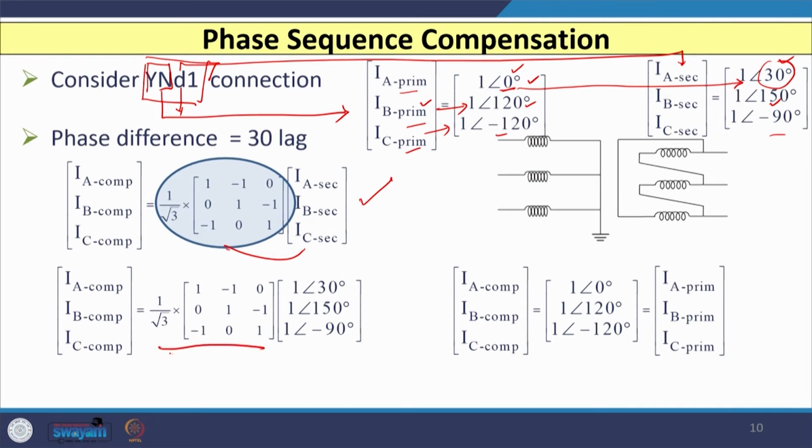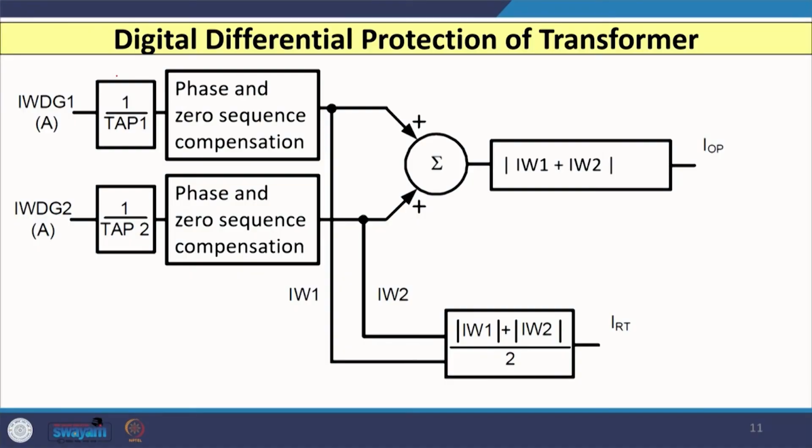I have multiplied this matrix with the values IA secondary, IB secondary and IC secondary, and when you solve this, the value obtained should be exactly the same as your IA primary, IB primary and IC primary, that is 1 angle 0, 1 angle 120 and 1 angle minus 120. So, your compensated value of the 3 phase currents in A, B and C phase is the same as your original value which you want. Now, with this background, we have discussed 3 cases.